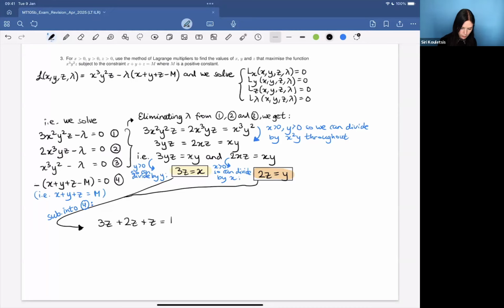And so we get the equation that's 6z equals m, and so z equals m over 6. Z star, if we like, that's the value of z at the maximum. And then we just go back to the equations above effectively, but let me write it below.